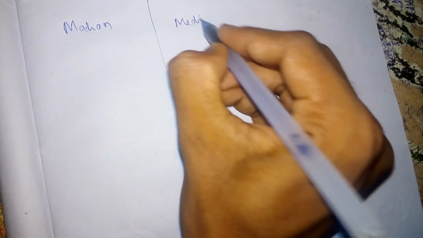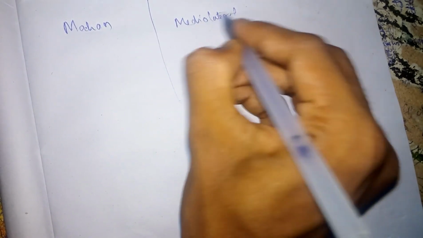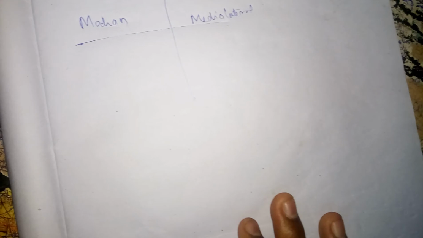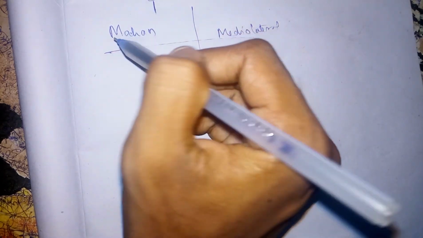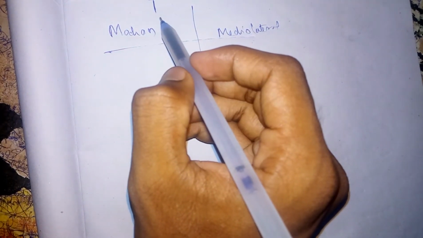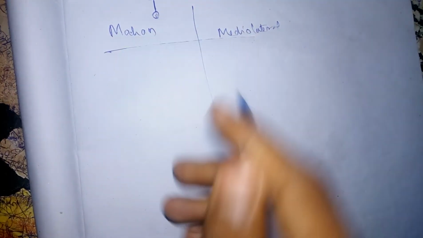Median and mediolateral episiotomy. In median episiotomy, we give a medial incision so that we go close to the anus.